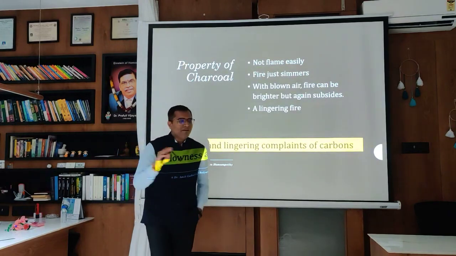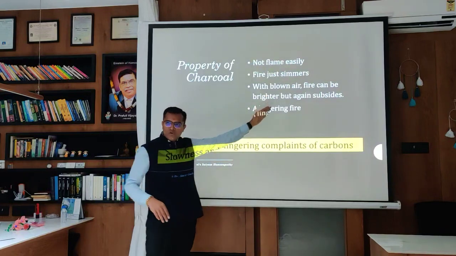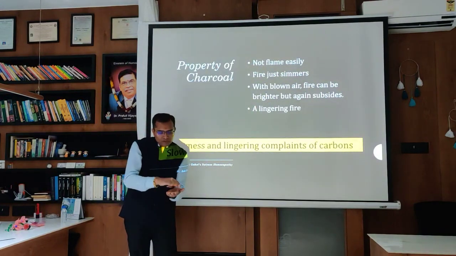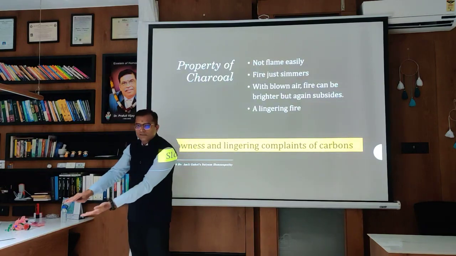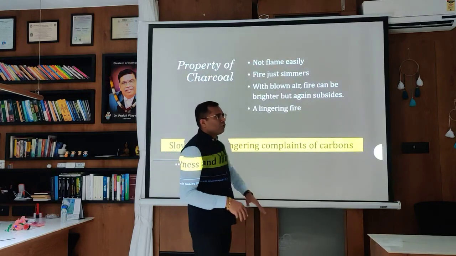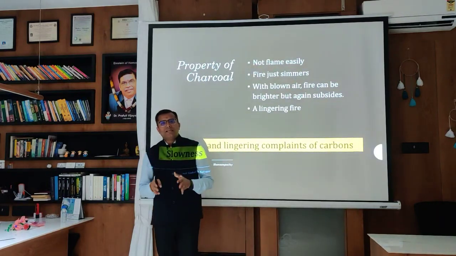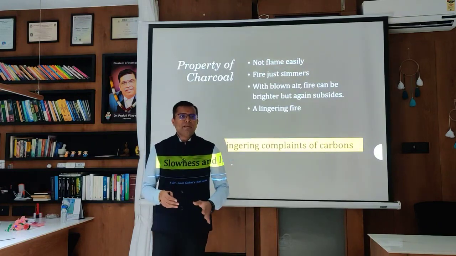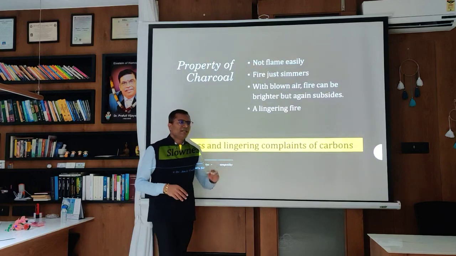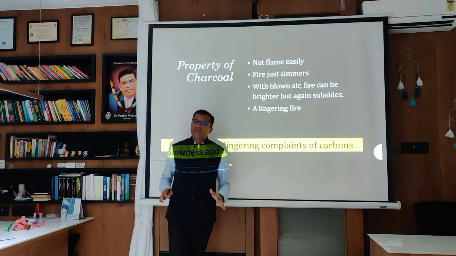How does it happen? Initially there is a flame. The fast flame goes into simmering, and simmering goes into slowness. This is what happens when patients with acute life-threatening illness finally end up with slowness, sluggishness, lingering chronicity of complaints, laxness, looseness, and everything.